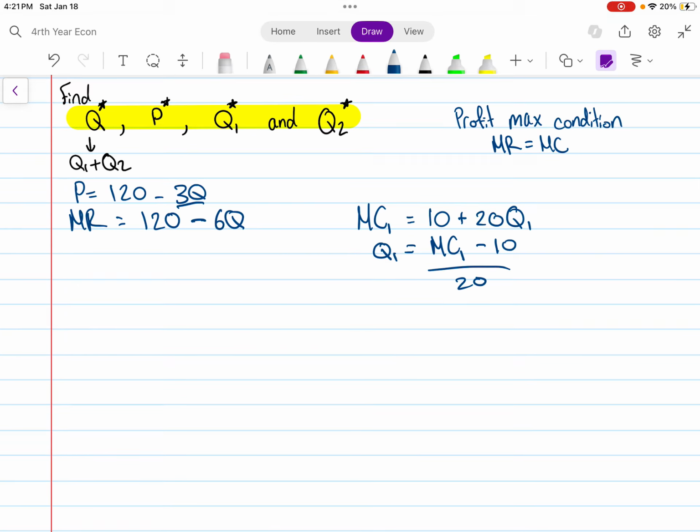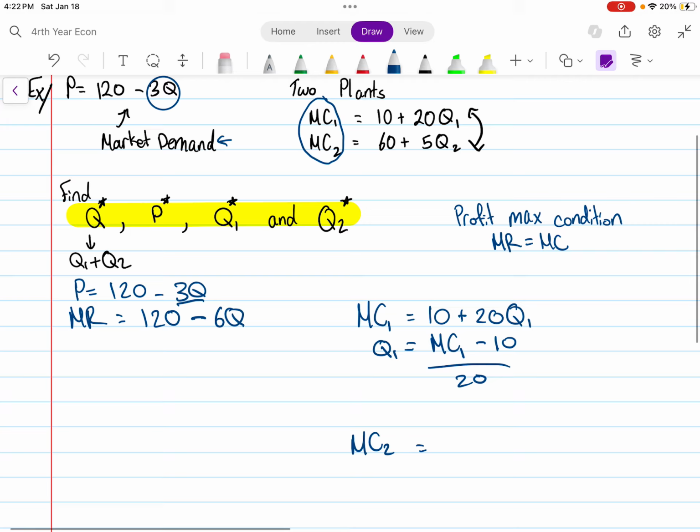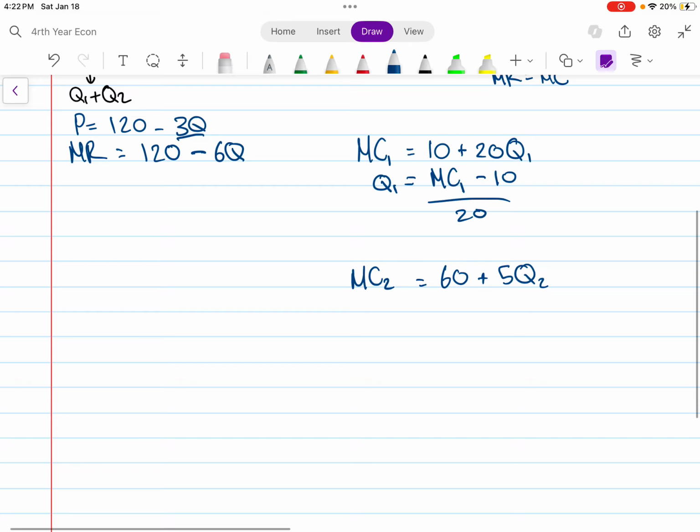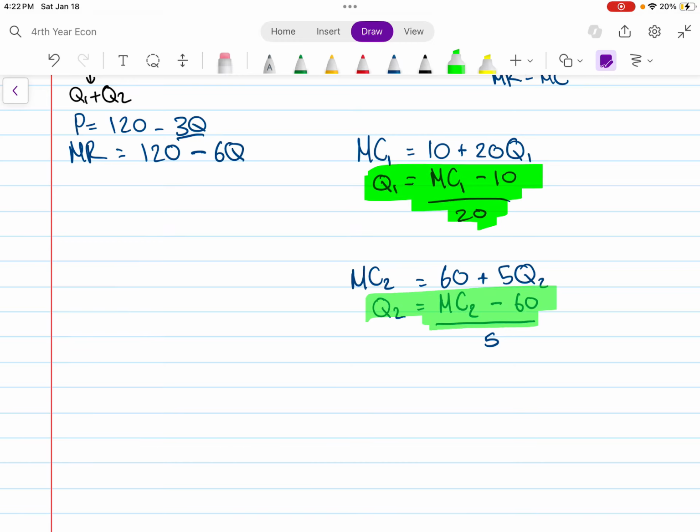And let's do the same thing for marginal cost 2, which is 60 plus 5q2, so q2 is going to equal marginal cost minus 60 over 5. So now we have both functions right here, q1 and q2. And we want to add them both to each other so we can figure out what q star is.